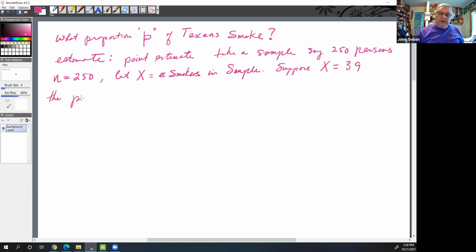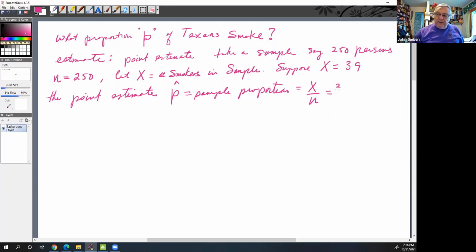Then our point estimate is going to be P hat, which I'd call the sample proportion, which would be X over N. X is the number of smokers in the sample, N is the sample size.